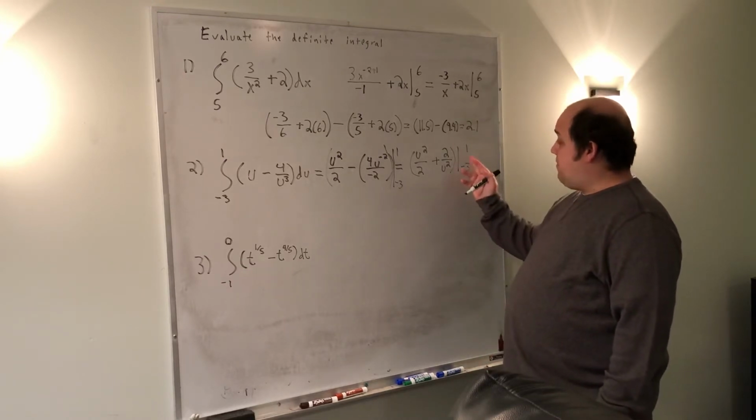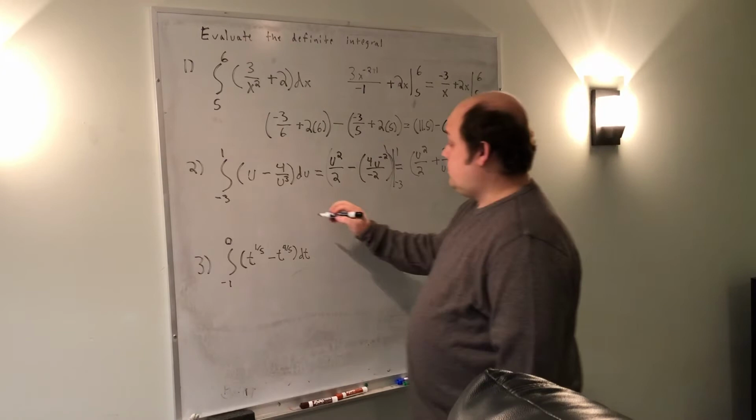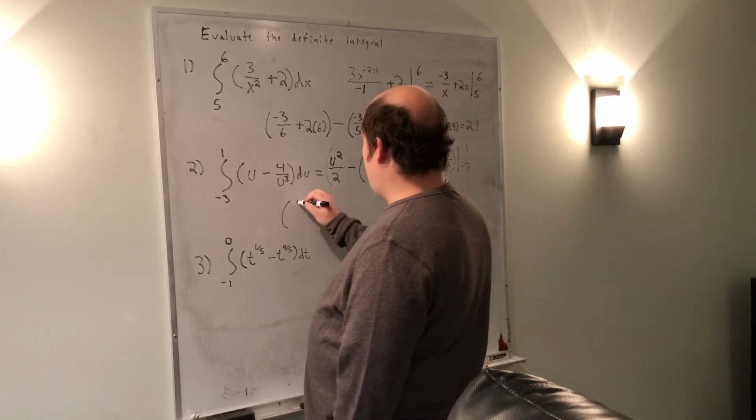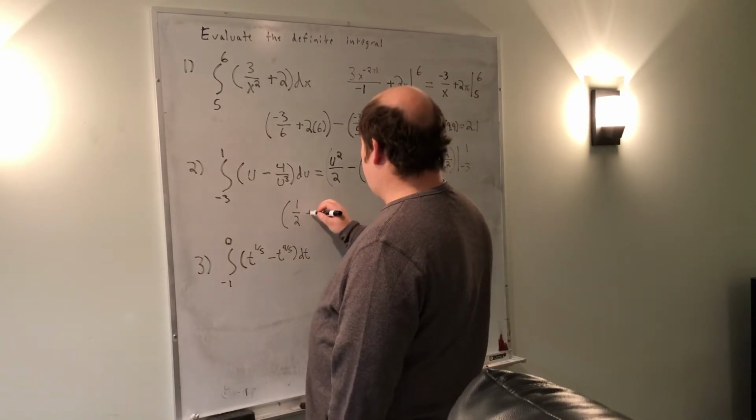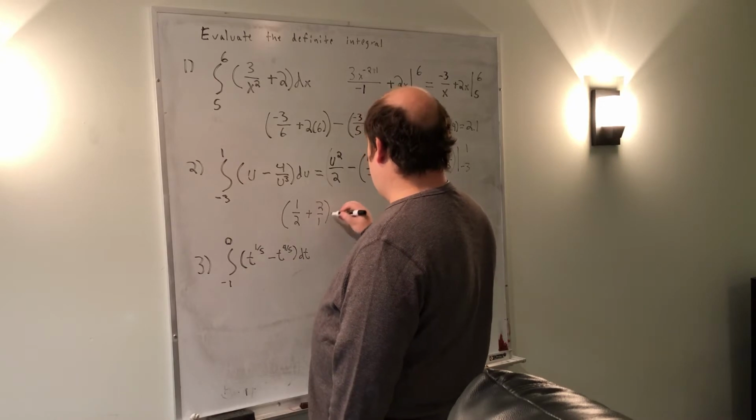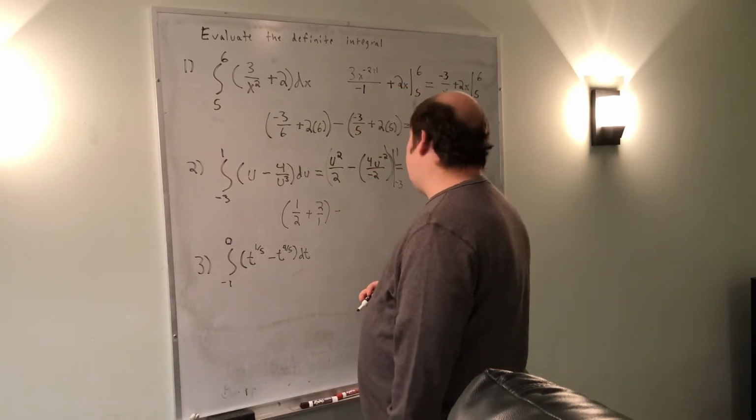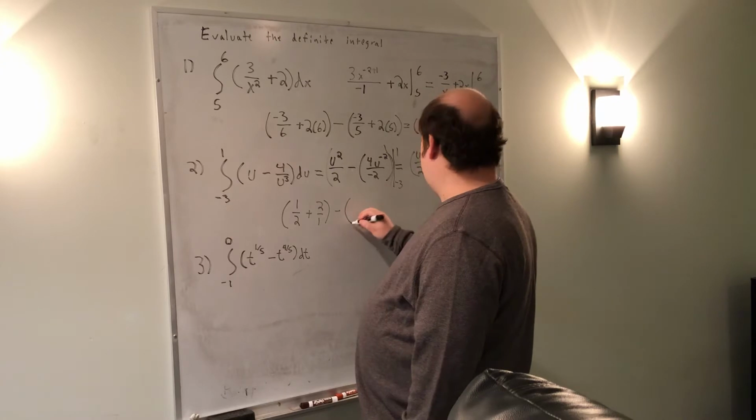So first I plug in the 1. That gives me 1 over 2 plus 2 over 1. And then I subtract from that when I plug in the negative 3.